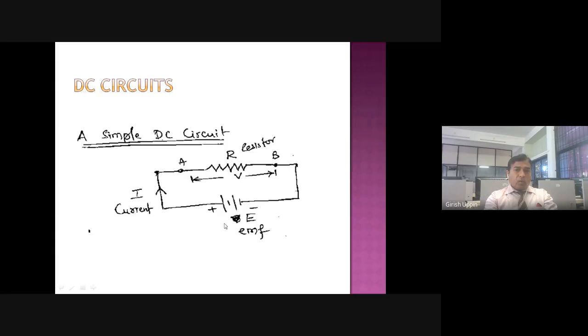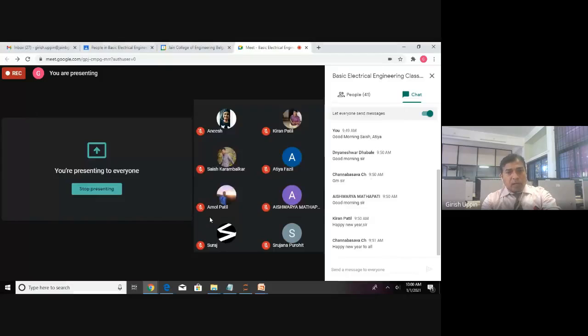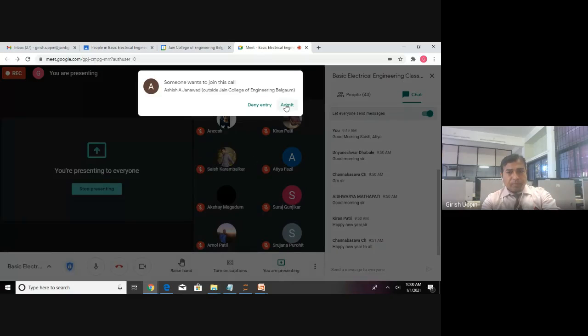When we connect a voltage source to a resistor, the current will start flowing from the positive terminal through the resistor, and it will come back to the negative terminal of the voltage source. This is the conventional direction of the current. The direction of the flow of the electrons is opposite to the conventional.